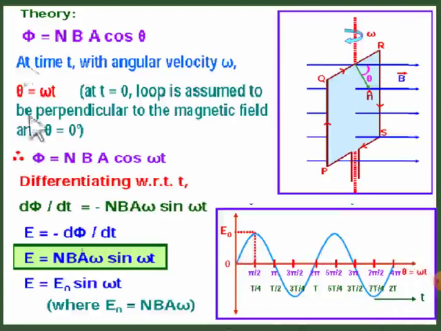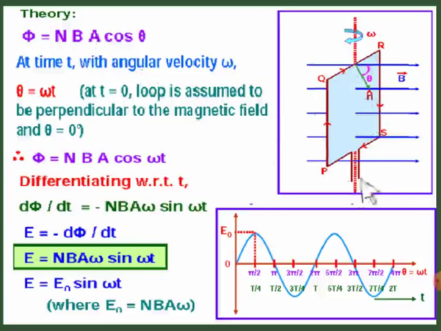Got it? Now for the theory, let's take the magnetic flux linked with that rectangular coil as phi. What is this capital N? Capital N is the total number of turns of the rectangular coil. What is this B? B is the magnetic field that is produced by the cylindrical pole pieces.